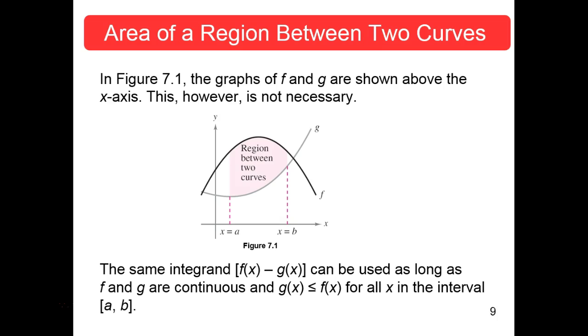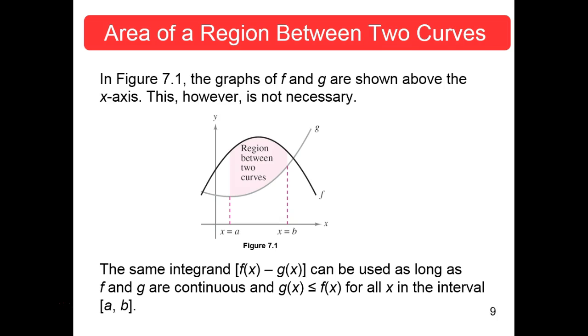Now, back when we were doing the area under a curve, it was absolutely necessary for f to be positive. Now that we're doing the region between the two curves, it's not, because f minus g is always a positive height. The dx is your width.